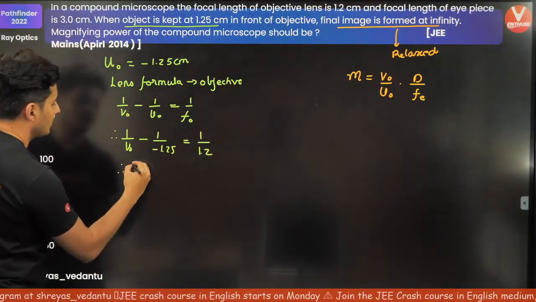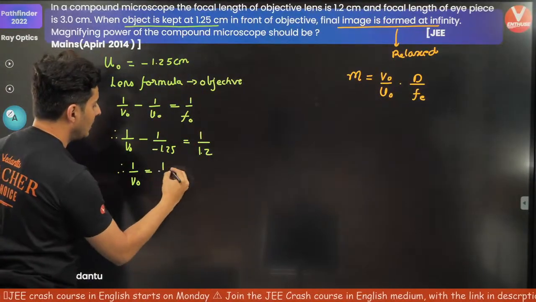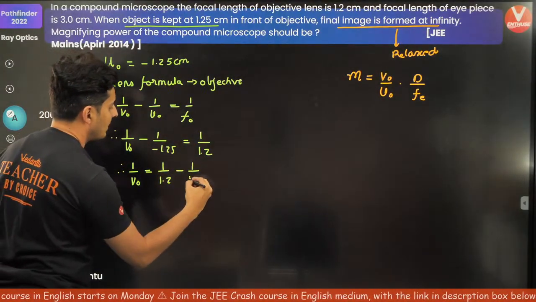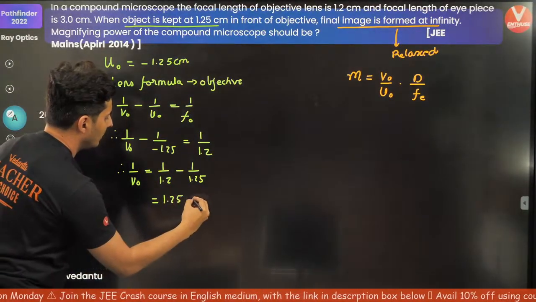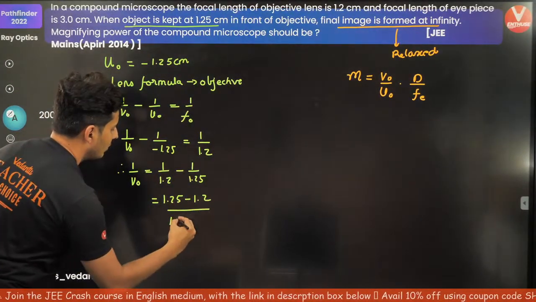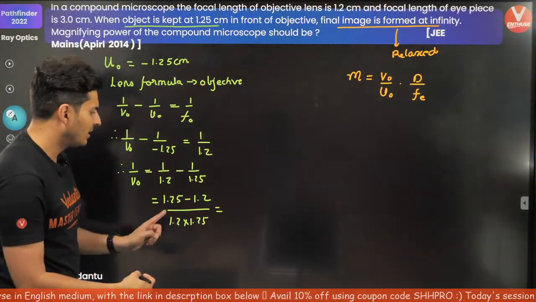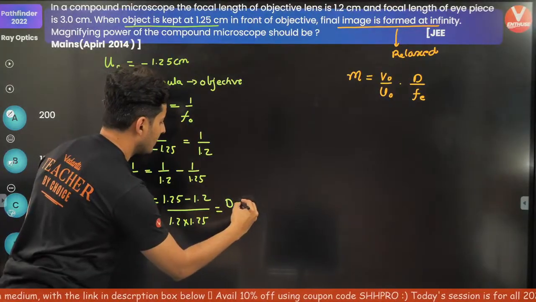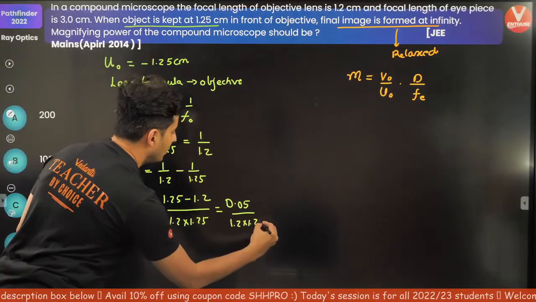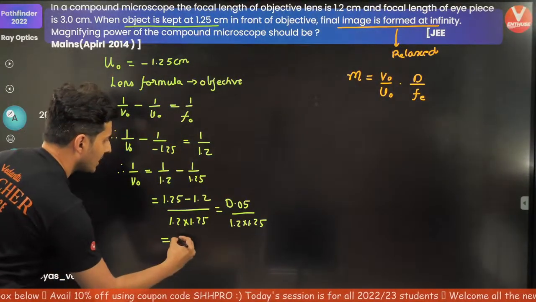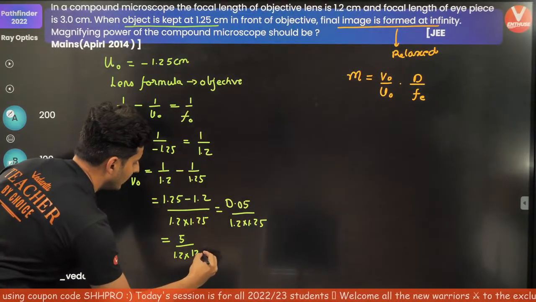Fair enough. So this will be 1 by VO is equal to minus minus plus. Bring it on that side, it will become minus again. So 1.25 over here. You can take LCM obviously. So it will become 1.25 minus 1.2 upon 1.2 into 1.25, which is 0.05 divided by 1.2 into 1.25, which is the same as 5 divided by 1.2 into 125.